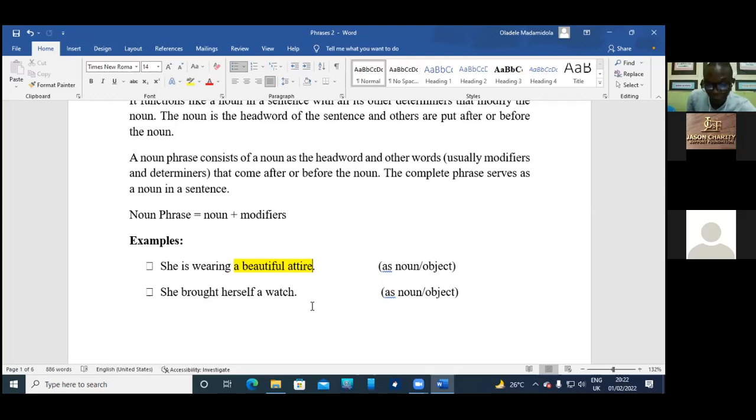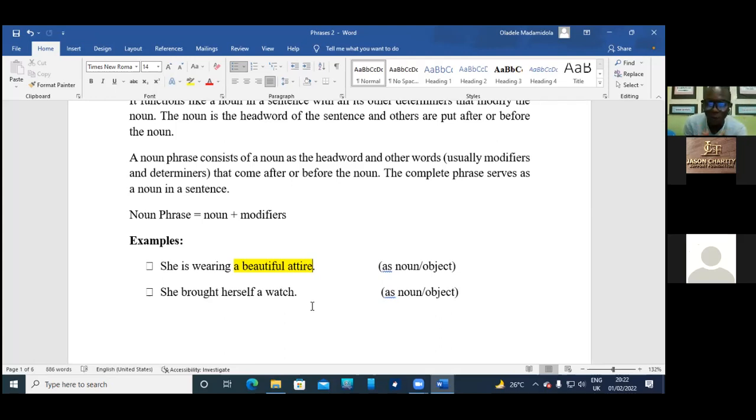In the object position, you cannot have an adverbial. Is that okay? So what you have in the object position has to be a noun or a noun phrase or a pronoun.